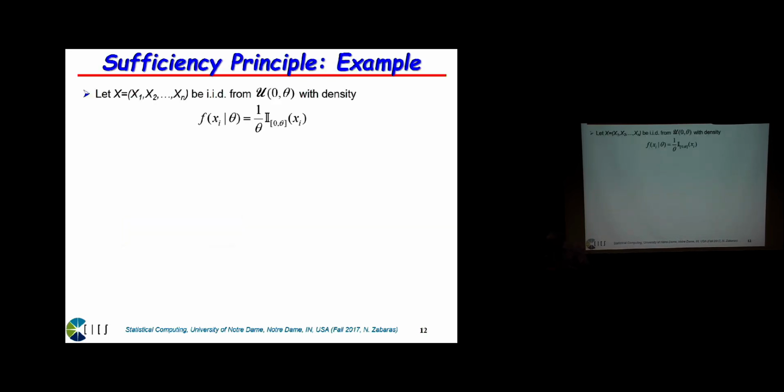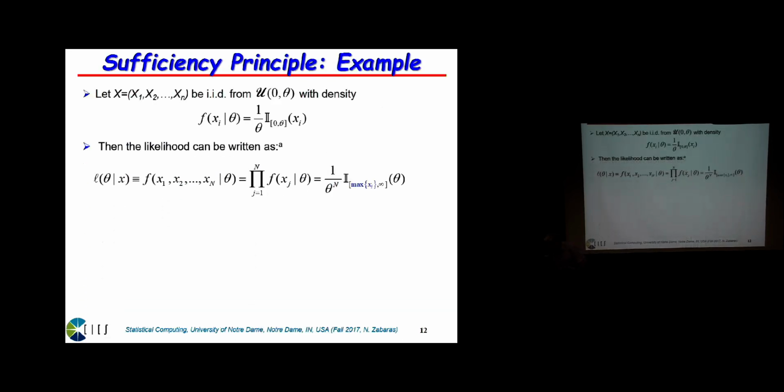And let me just put a few things up. So, I would like you to guess now what the sufficient statistics would be for this example. Suppose my samples come from a uniform distribution from 0 to theta, and theta is my unknown parameter that I want to come up with a maximum likelihood estimate. Okay? So again, I have a sample from a uniform distribution from 0 to theta.